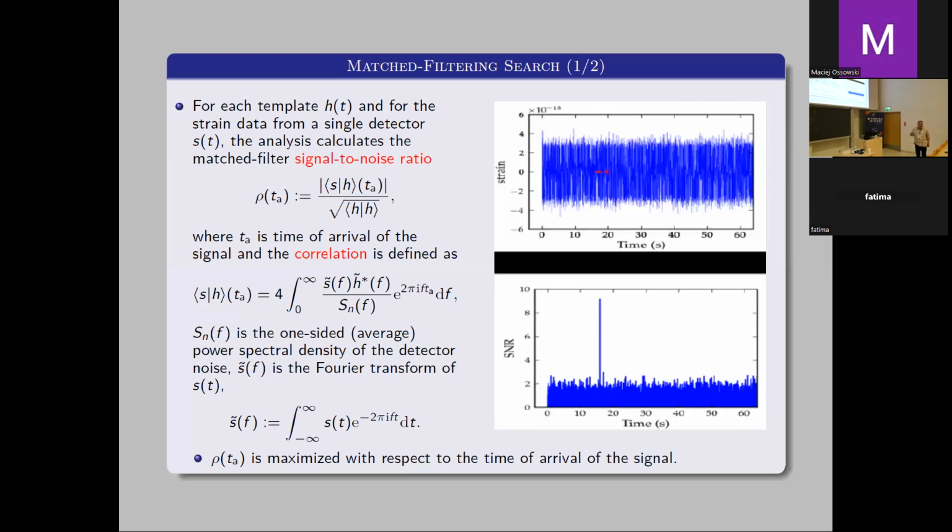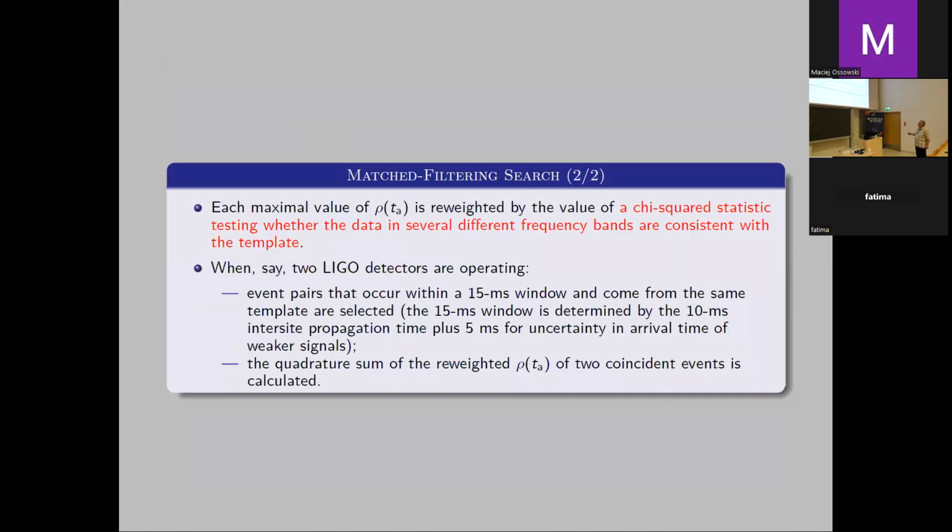And for this, you need some extra thing. This is the signal-dependent veto. So you can just check whether the distribution of the signal into different frequency bands is consistent with what we expect from the theoretical template.